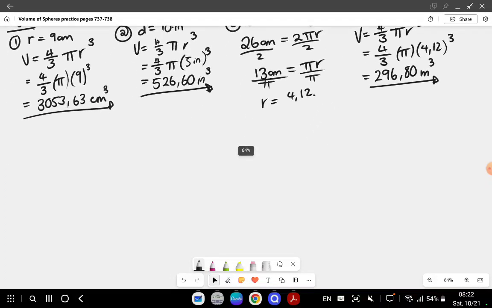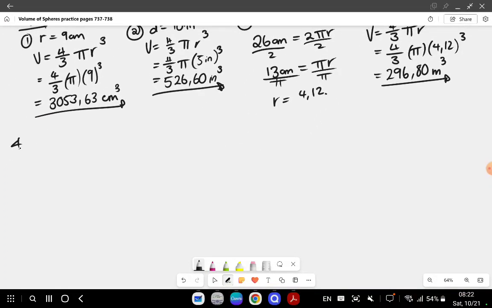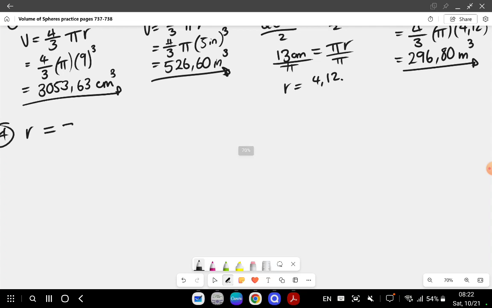1, 2, 3. Let's go to 4. They're saying the radius is of a hemisphere. The radius is equal to 7 feet, and I'm dealing with half of a sphere. Since I'm dealing with half, I know the volume is half of 4 over 3 pi r cubed.